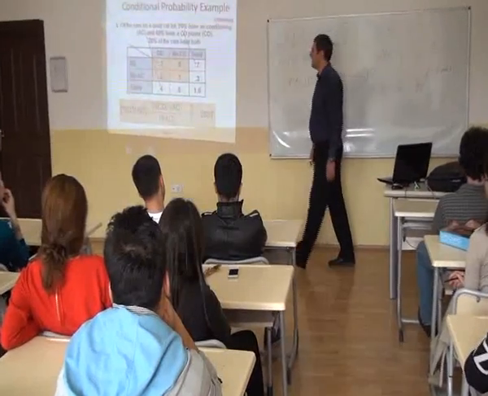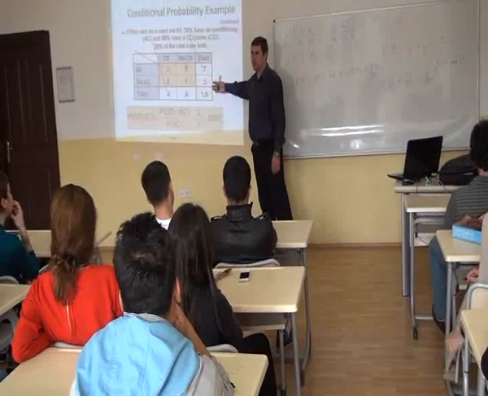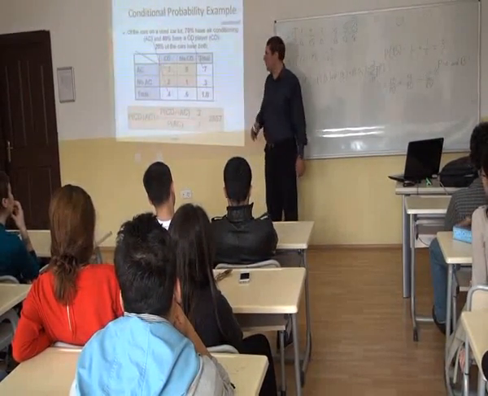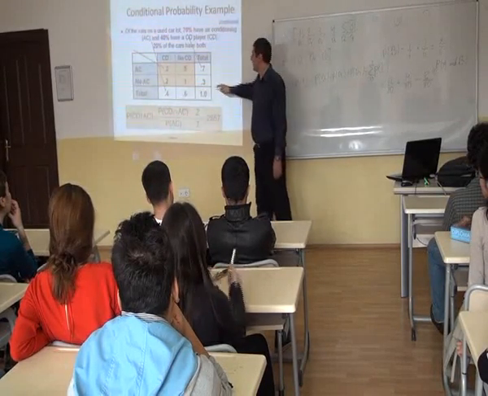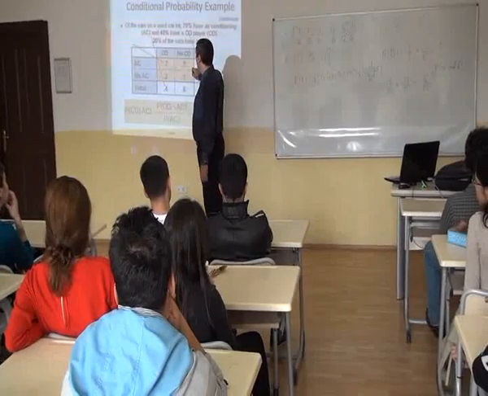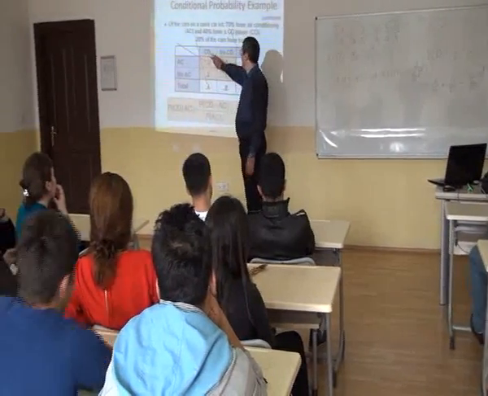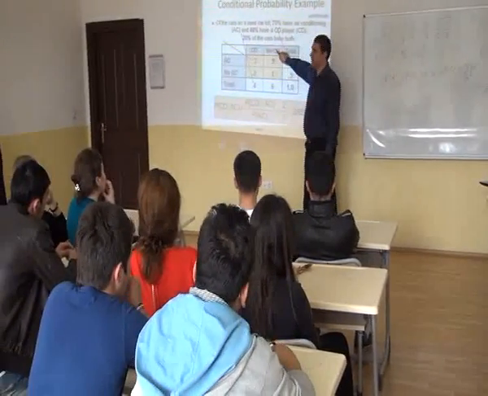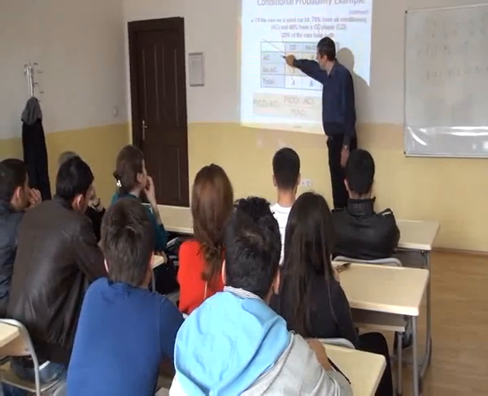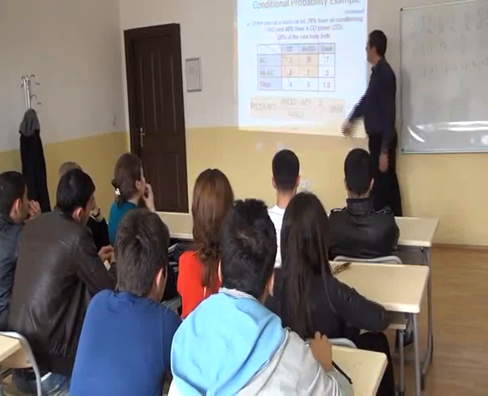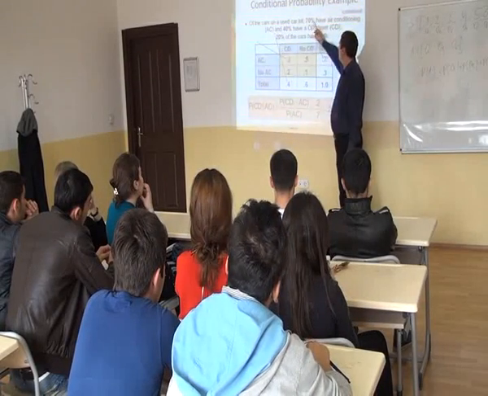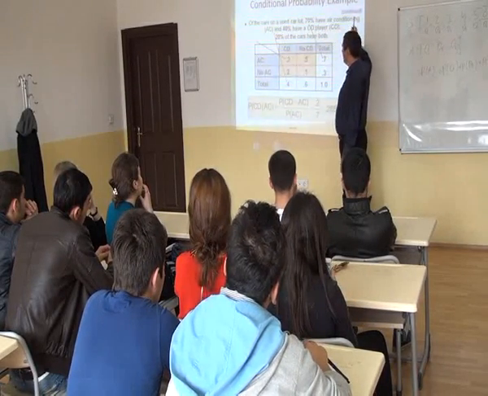Now this information is presented here on the table, and you need to know how to present this kind of information on the table. First of all, here are cars with CDs and with no CDs, and also with air conditioners and without air conditioners. What we are given is that 70% have air conditioners.